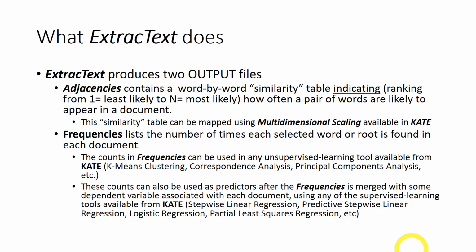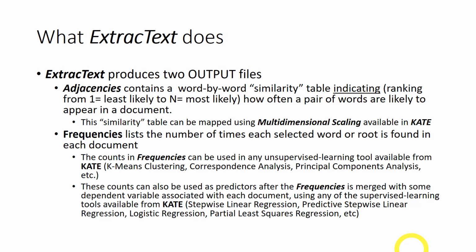Then you can relate the frequencies obtained from ExtractText with the hotel customer quality ratings, and then run either stepwise linear regression, predictive stepwise linear regression, partial least squares, etc. Any of the supervised learning tools available from Kate, which are appropriate for this kind of data.